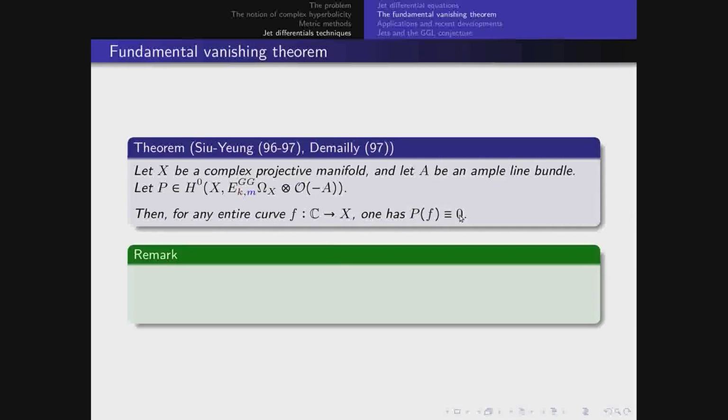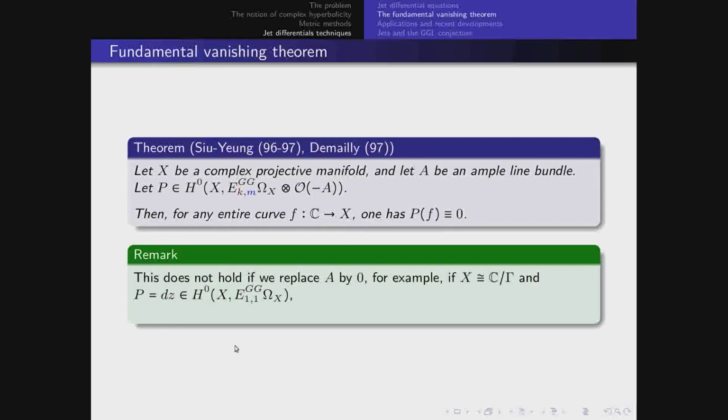Let me just tell you, before giving you an idea of the proof of this theorem, that it is very important here that we have this minus A, because if you remove it, it will not hold. For example, in the case of an elliptic curve, you can form the following differential equation. Just take dz. So it's an order 1, degree 1 differential equation on your elliptic curve.